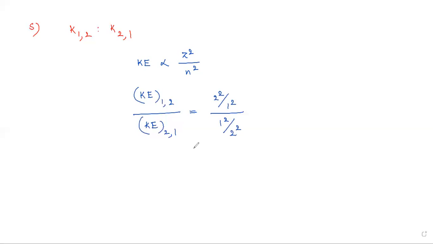Okay, check out. Z square by N square. So this 2 power 2 also goes into numerator. 4 into 4, nothing but 16. 16 is to 1 is your answer. So for S it is 3. This way we can solve the question.